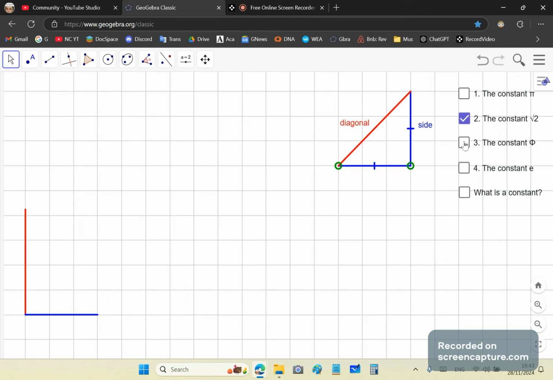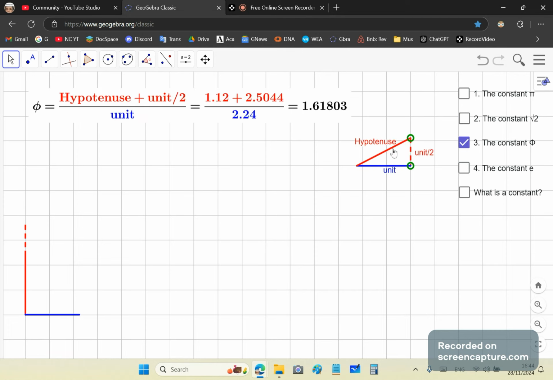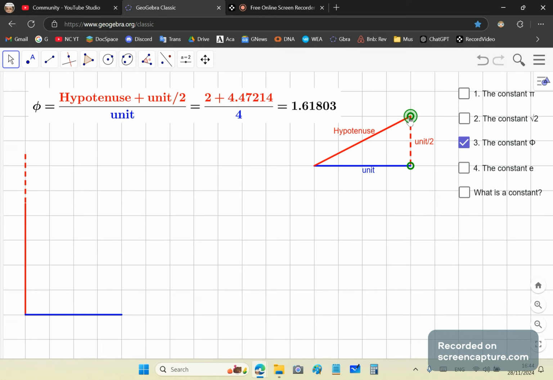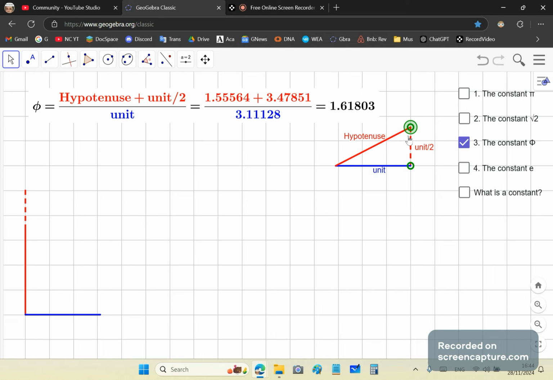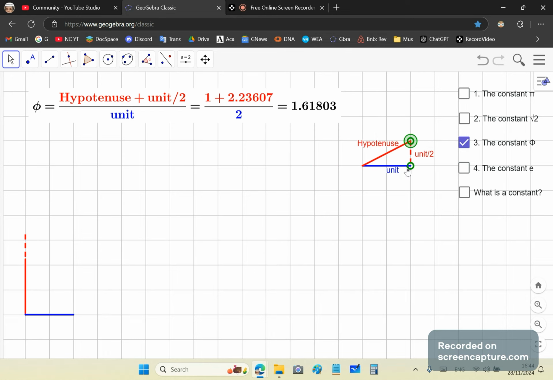So now, how about the constant phi? Okay, well, the constant phi has this triangle here, which it doesn't really matter how you draw it, as long as the unit is one side and half the unit is the other side.